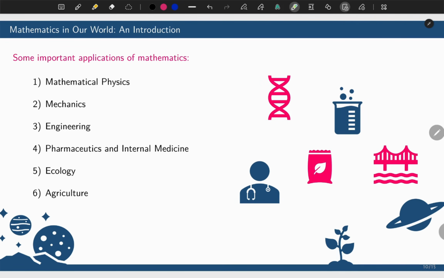Just like in physics, we study the behavior of physical bodies when subjected to forces or displacements. Third, engineering. Engineering has a lot of branches: civil, mechanical, electrical. All of them are applied sciences, and without mathematics, they would have never existed. Number 4, pharmaceutics and internal medicine. 5th, ecology. 6th, agriculture. All of these use mathematics.